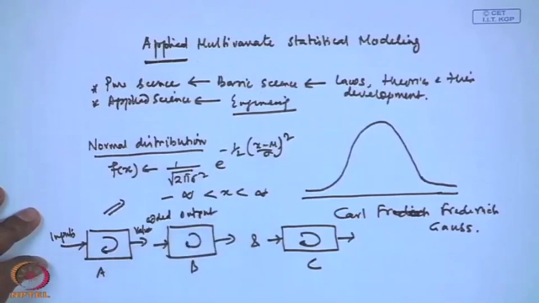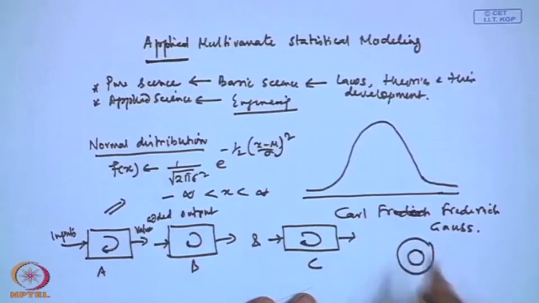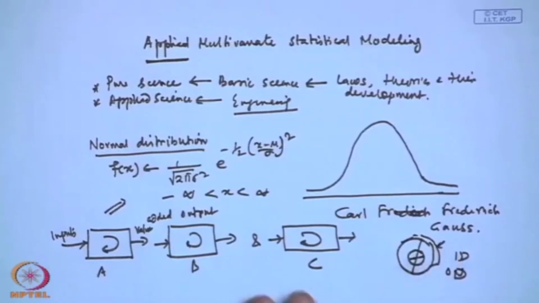Let there be three identical machines producing steel washers. A steel washer is shaped like this, where there is an inner diameter ID, an outer diameter OD, as well as a certain thickness of this washer. So, I can say TH.